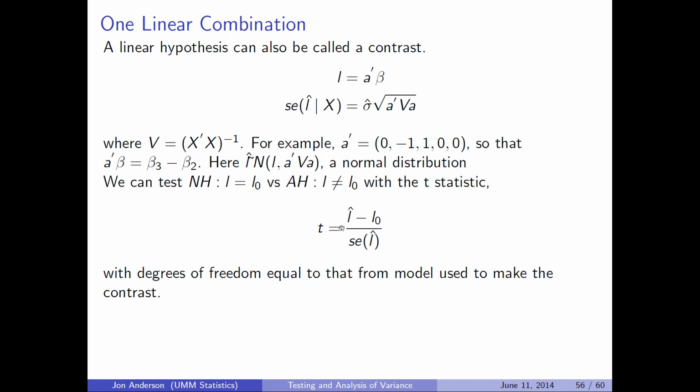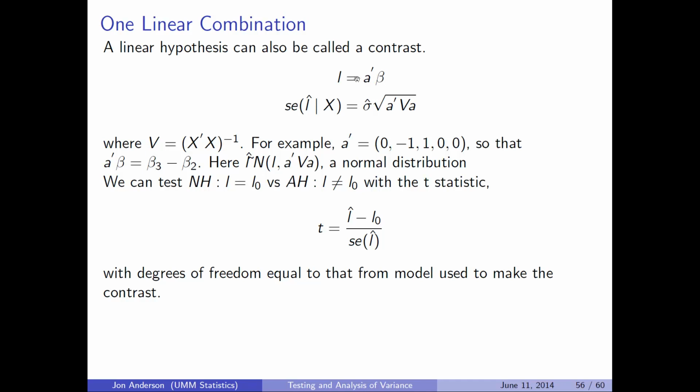There are other kinds of Wald tests, though. For example, if you wanted to compare a linear combination of coefficients, we can form a function of those coefficients and those parameter values using what's called a contrast. I've denoted the contrast here with a lowercase l, and it's a set of constants, a transpose times the beta vector.